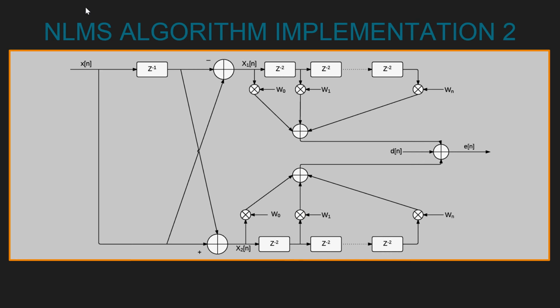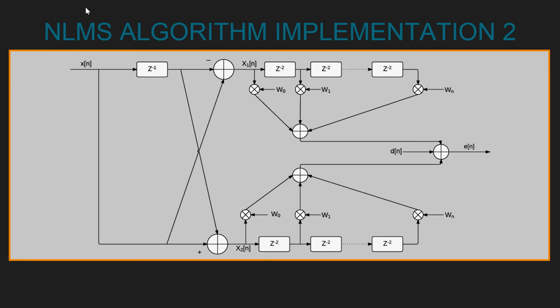Here we delay the input signal by one sample and either subtract it from itself or add it to itself. Those generate the subsequent signals x1 of n and x2 of n. Then we just apply the normalized least mean squared algorithm to x1 of n and x2 of n respectively, add the results, and we get the desired output error signal.